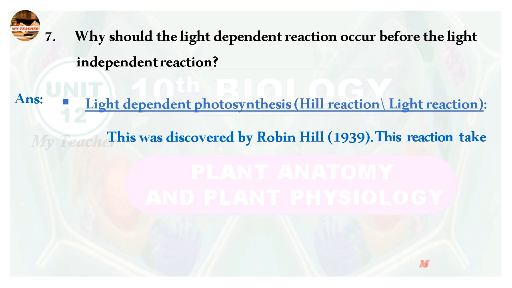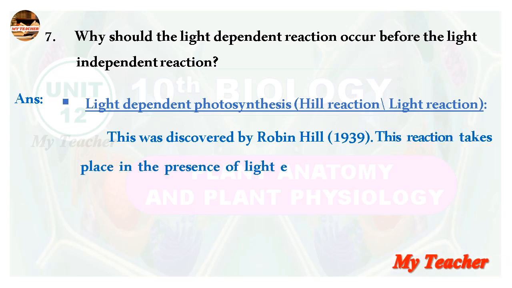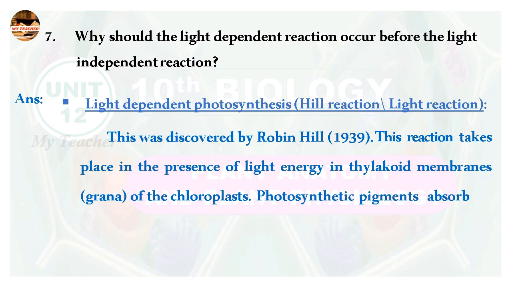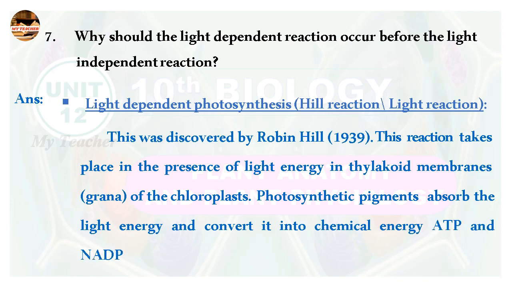This reaction takes place in the presence of light energy in thylakoid membranes or grana of the chloroplast. Photosynthetic pigments absorb the light energy and convert it into chemical energy ATP and NADPH2.